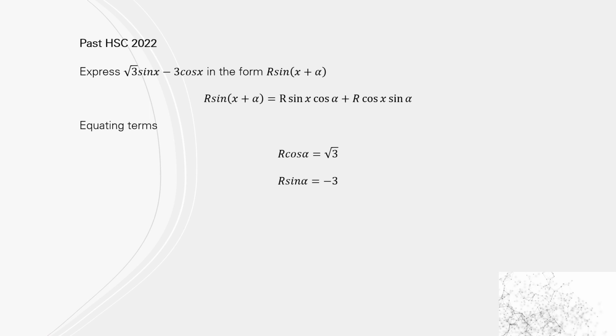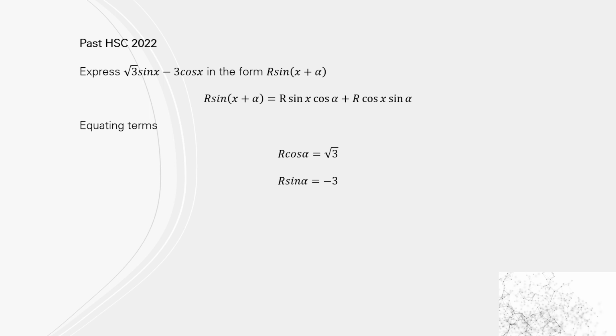So if you equate your terms, then the coefficient of sine x is surd 3, and the coefficient of sine x is r cos alpha, and the coefficient of cos x is minus 3, and the coefficient of cos x is r sine alpha. So that allows us then to do exactly what we did before.